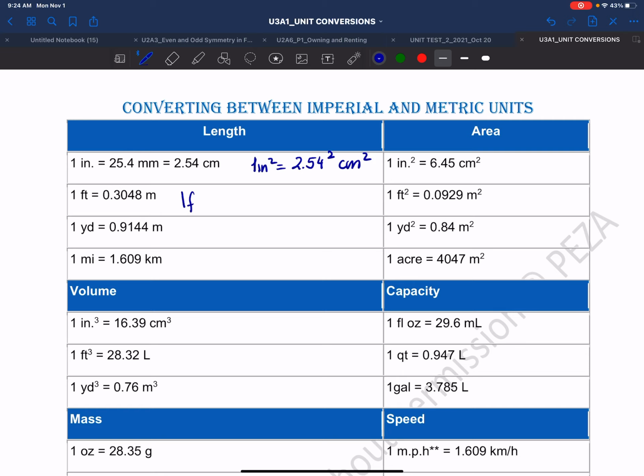So 1 foot squared would equal 0.3048 squared meters squared. So we have to square the meters in this case. So 1 yard squared will be 0.9144 squared meters squared, and so on and so forth.